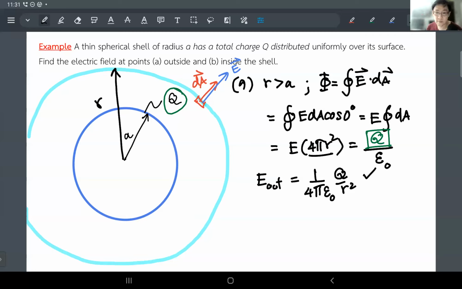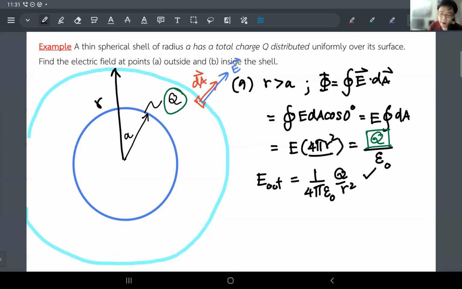That's nice. I think nature only cares about the symmetry. As long as the symmetry is exactly the same, the shape of the expression for the electric field is also the same. That's the beauty of nature here.